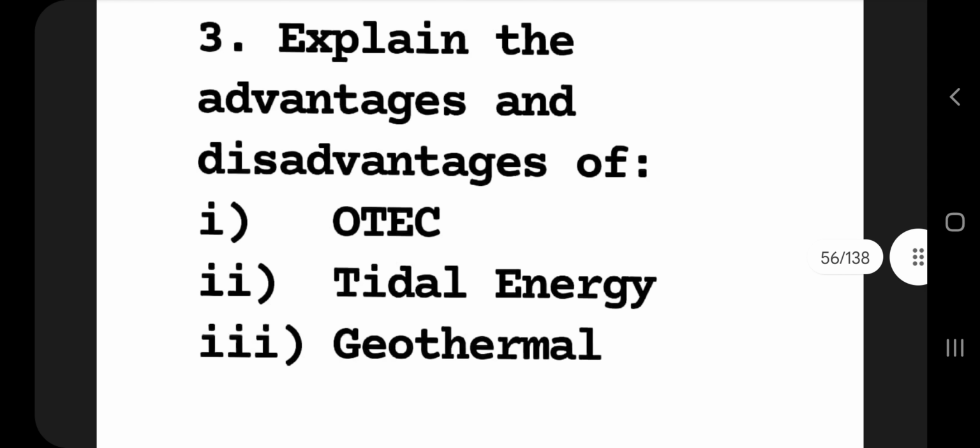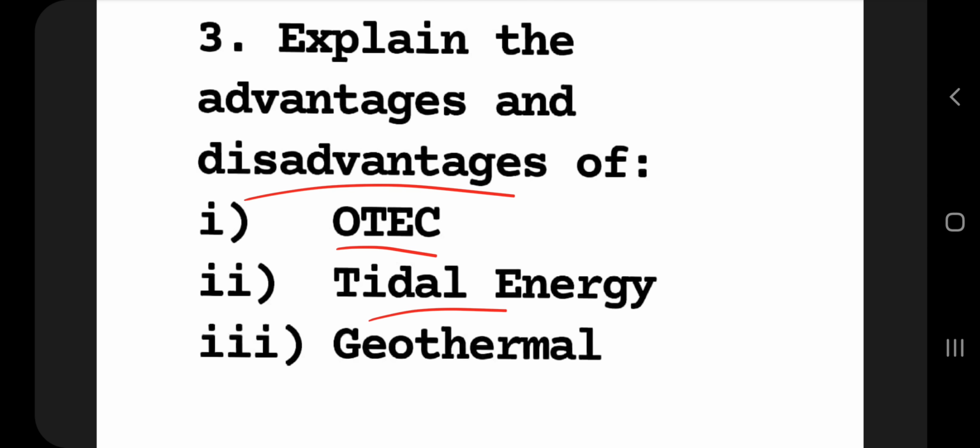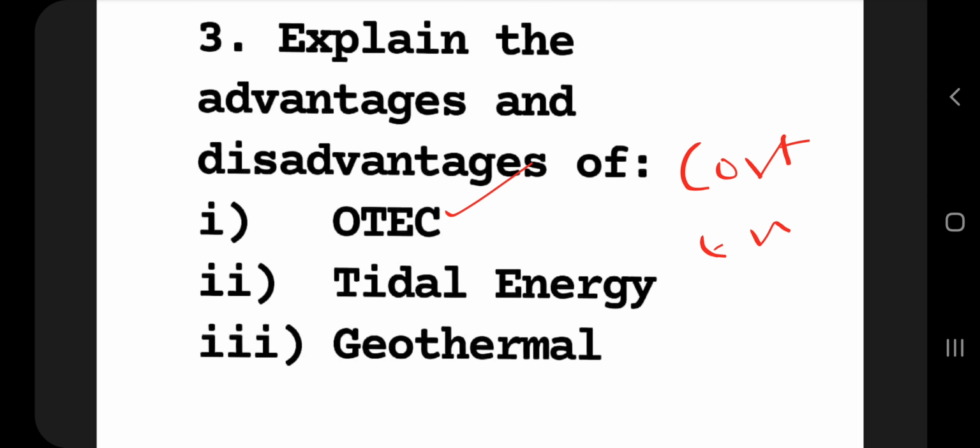Moving on, we have to explain the advantages and disadvantages of OTEC, tidal energy and geothermal. Let me tell you, don't memorize the advantages and disadvantages of each individually. Just keep in mind the basic advantages and disadvantages. The disadvantages: it is more costly, it affects the environment, many people get affected by it, and sometimes the setup requires security or safety, or it can be destroyed very easily.